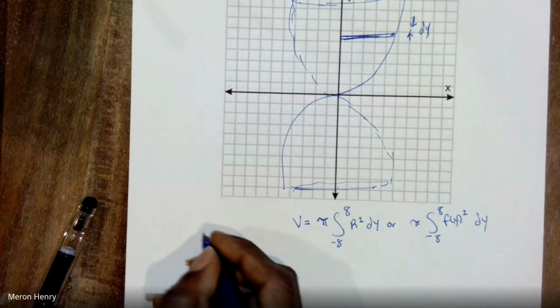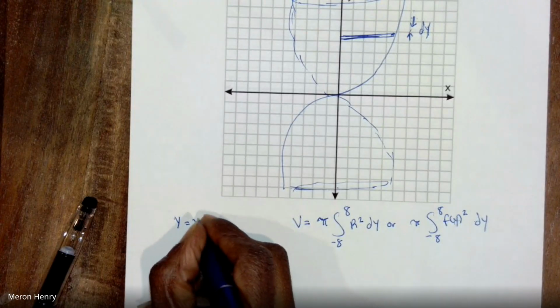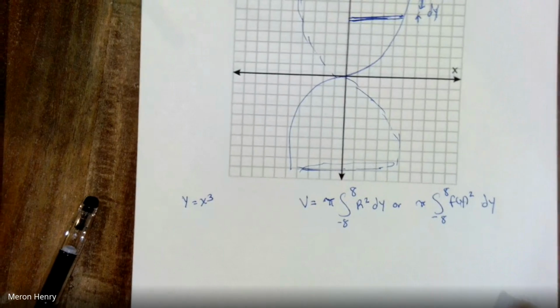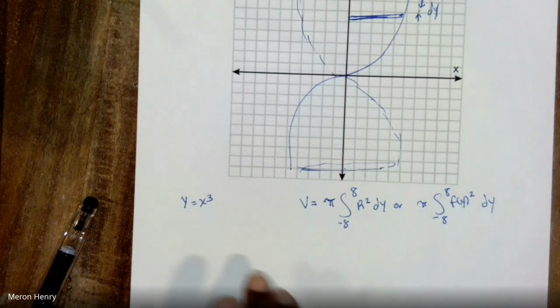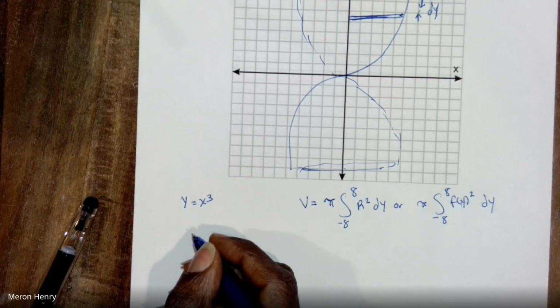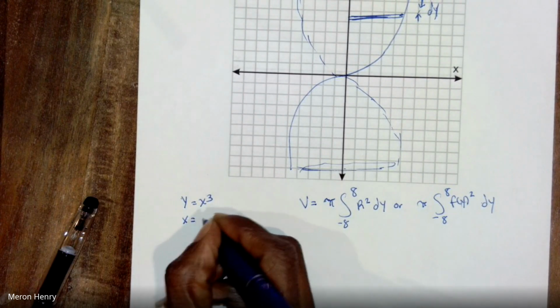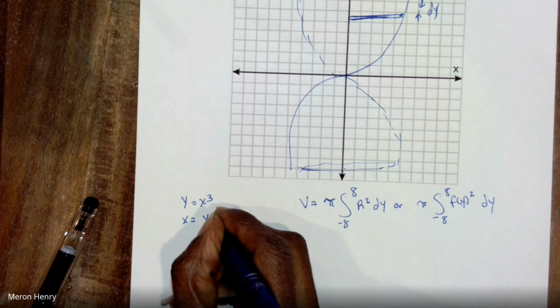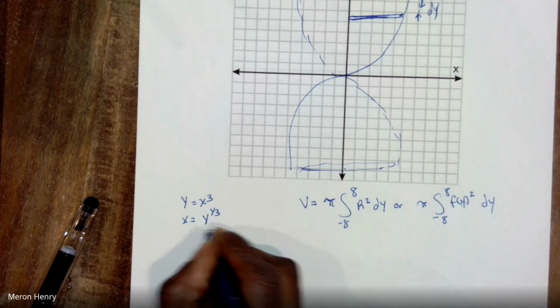Okay. So what we have right now, we have y equals x cubed. We need to solve for x so we can have our equation as a function of y, right? So we know that x would be the cube root of y.